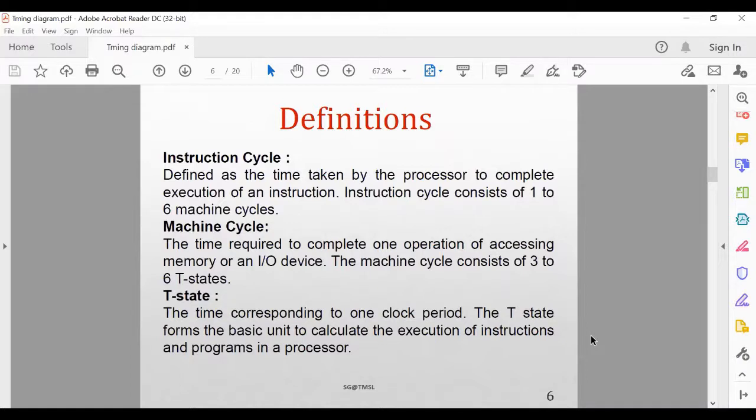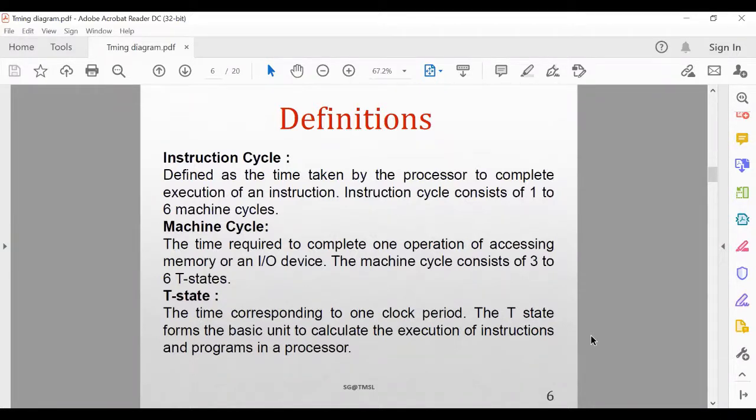You have to specify the instruction fully: MVI A comma some data byte, suppose 50. You can't take this as JMP only. No, JMP 0005, that is the complete instruction. So it is the time taken by the processor to complete one such complete instruction execution.